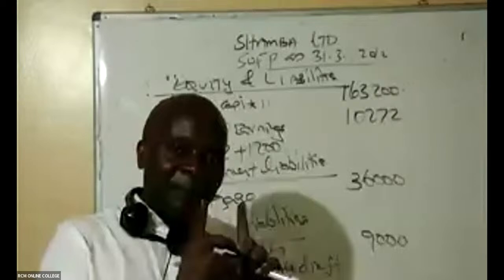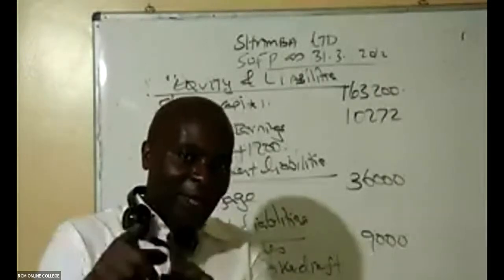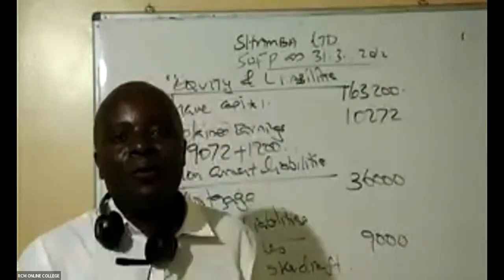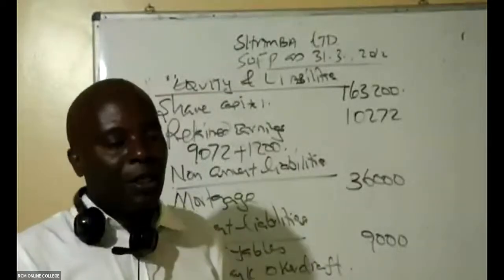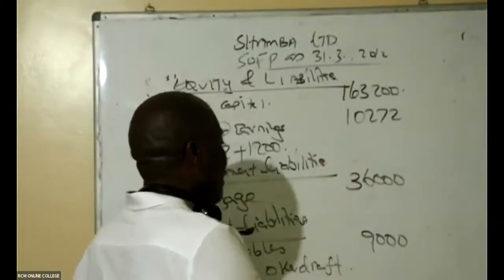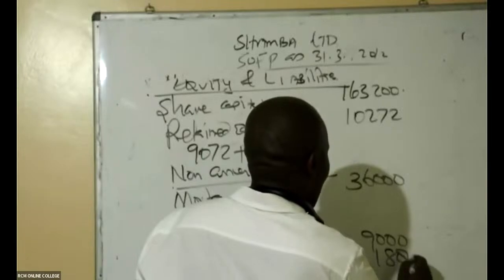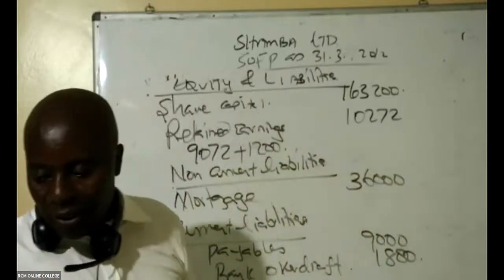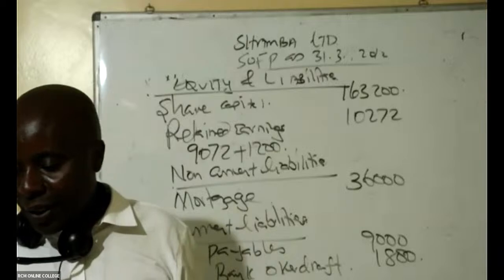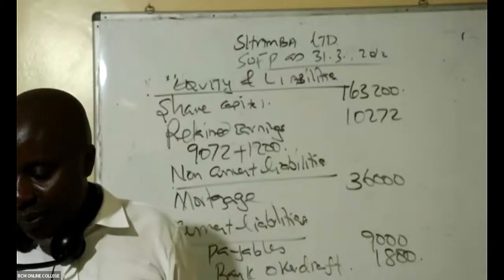But whenever the bank balance is on credit, that's an overdraft. So we have a bank overdraft of 1,800.